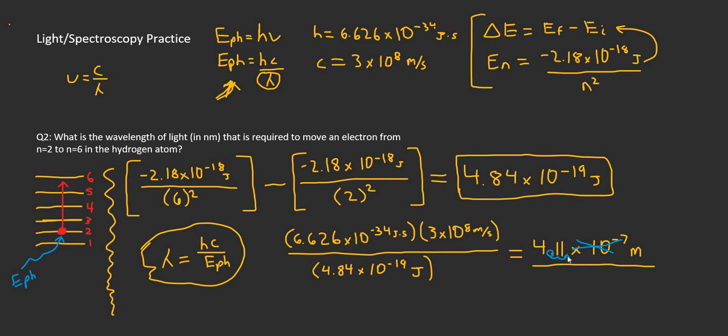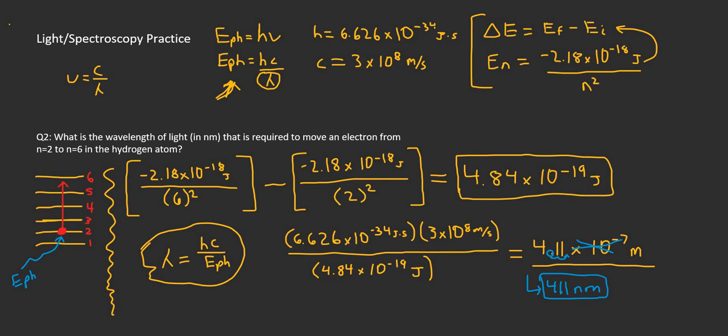What you'll be left with is 411 nanometers. And that's the shortcut way.